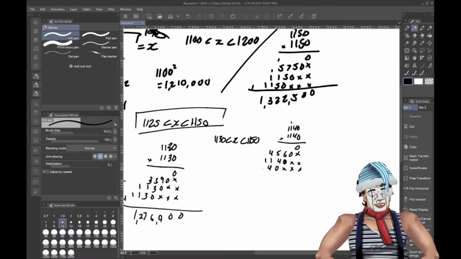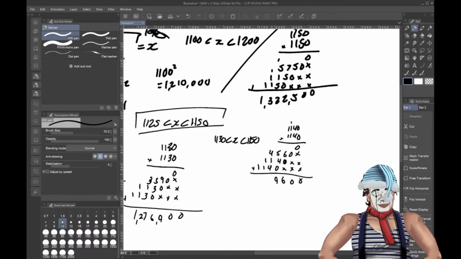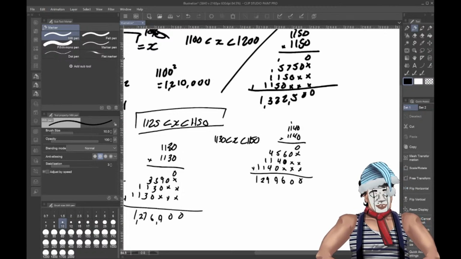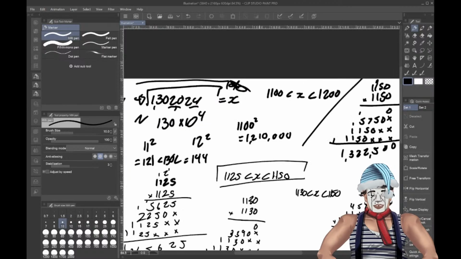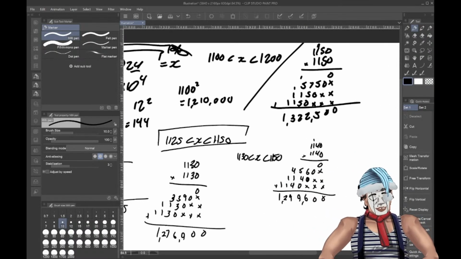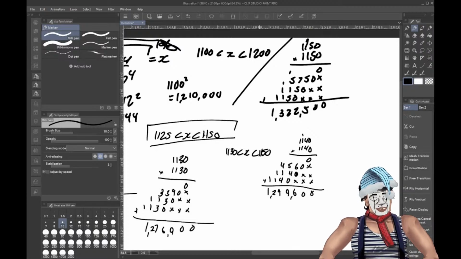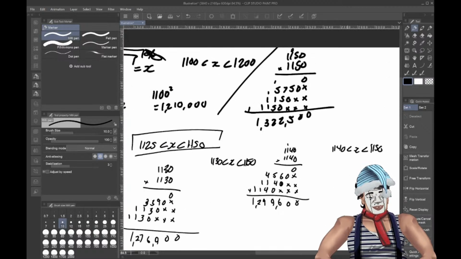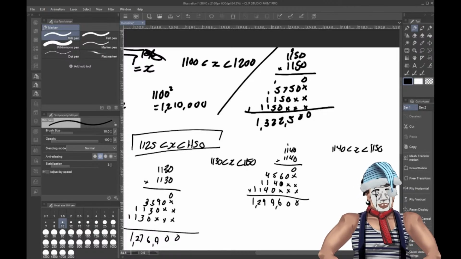I like math, but I'd prefer to solve my problems quickly rather than in a very drawn-out way. Okay, the new number. It's too small. Did I do my math right? This number is larger than that number. Yeah, that's right. Okay, the new range will be between 1,140 and 1,150. Only 10 integers between this and that, but infinite numbers that could be our variable x.